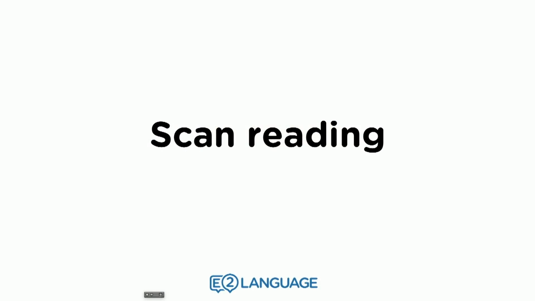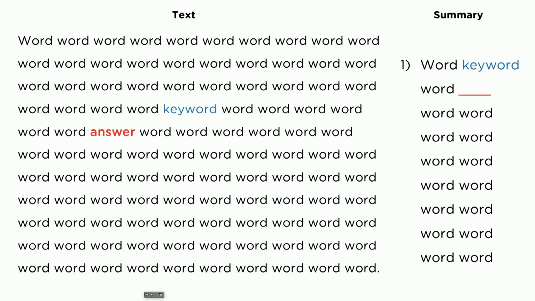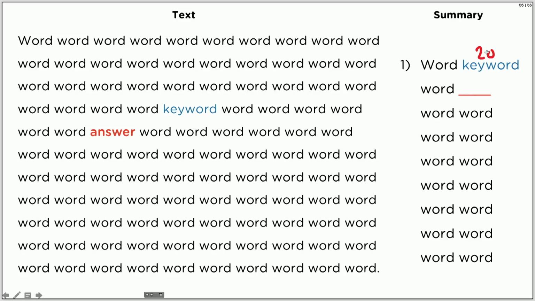It's the same principle with scan reading. Let me show you what I mean. In reading part A, you'll look at that summary we looked at before, and you'll notice a keyword, like, say, 2016.